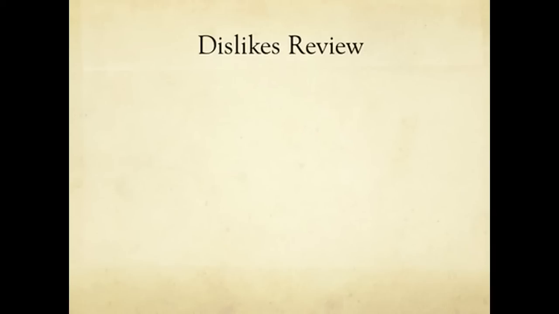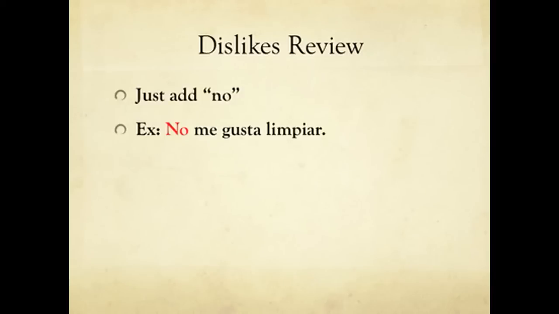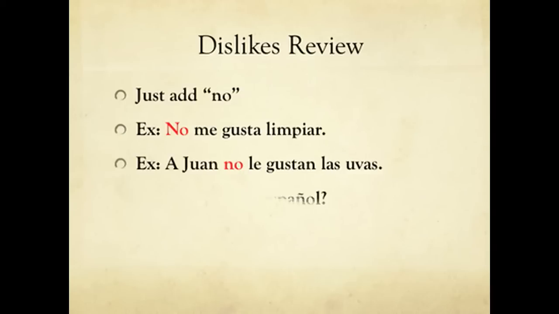Okay, dislikes review. Just add no to the sentences we've been looking at. Por ejemplo, no me gusta limpiar. Just put the no directly in front of that indirect object pronoun. A Juan no le gustan las uvas. ¿No te gusta español?